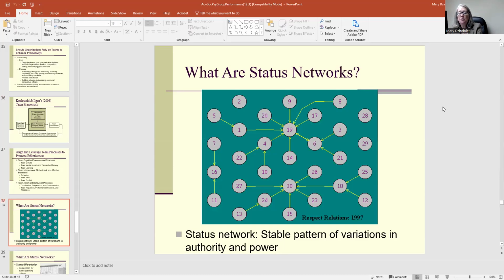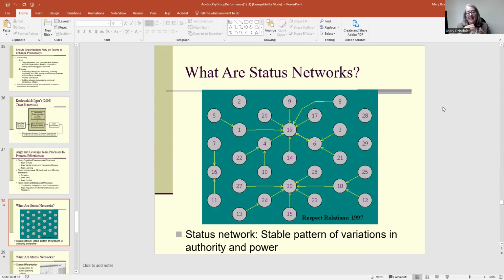These are stable patterns of variations that the members have in authority and power. And remember, authority is the power that a person has because the organization gave you that title, says that you have that power.